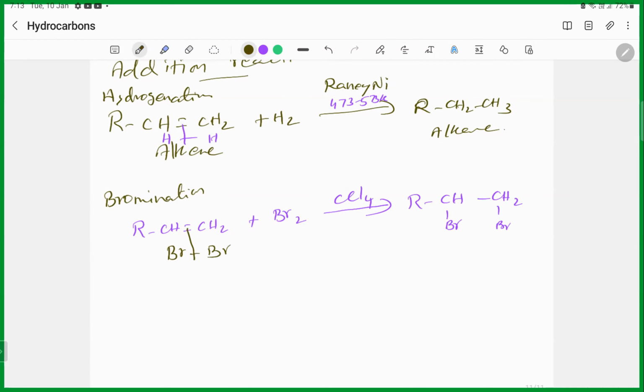Okay, so this is the bromination. Instead of bromine, you can have chlorine also.